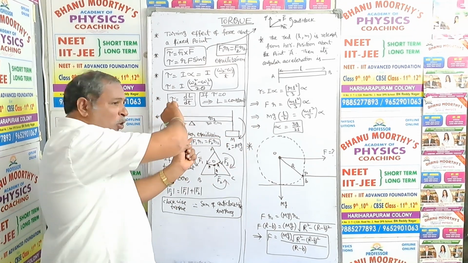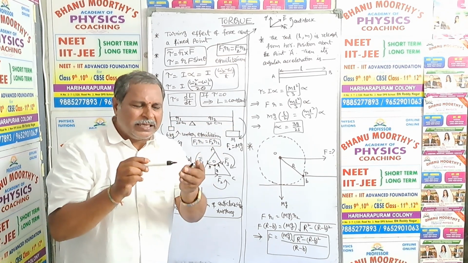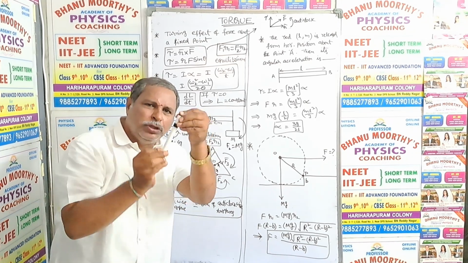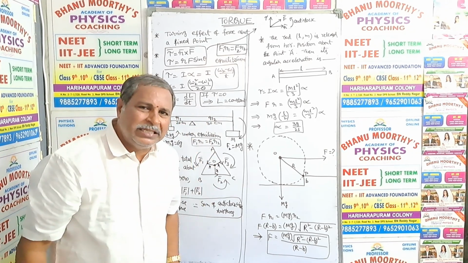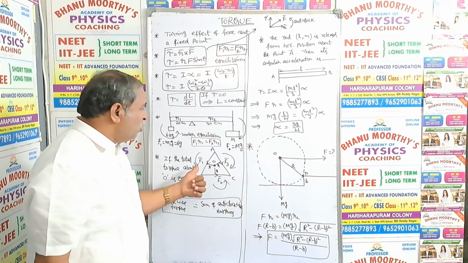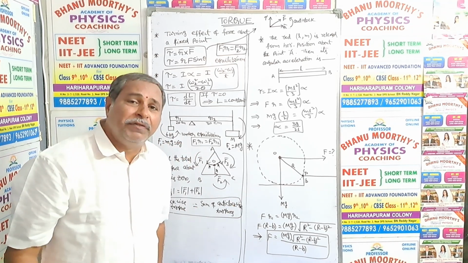So this is anti-clockwise torque, and this is clockwise torque. If these two torques are equal in magnitude and opposite in direction, the block does not rotate. This is the most important concept here. So these two applications represent the same condition for equilibrium.